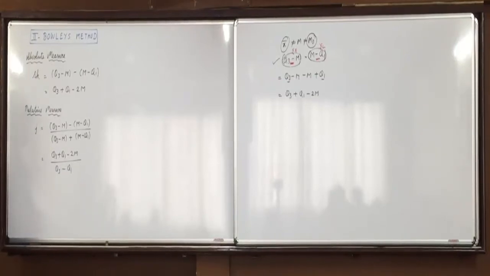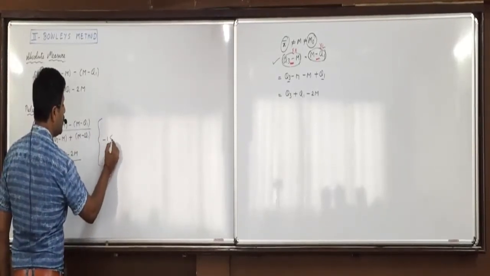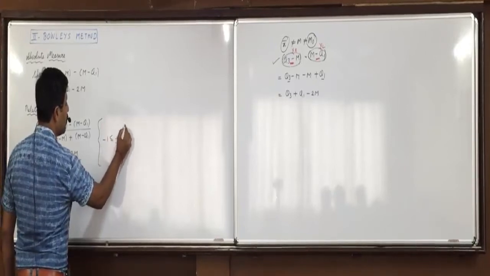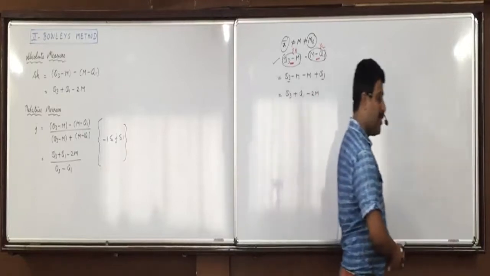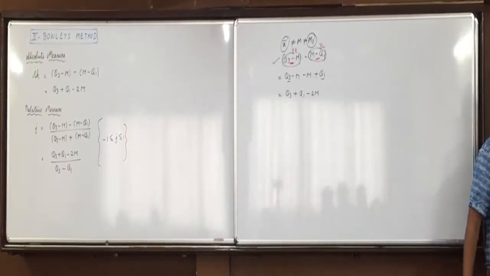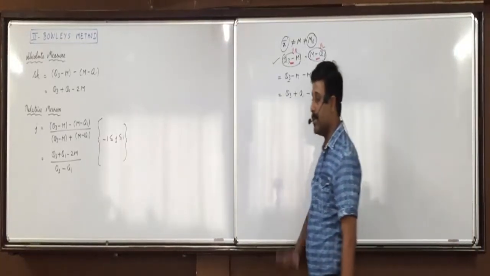So these are the formulas of Bowley's method. Which characteristic does it use? Second. And here your answer will always be between minus 1 and plus 1. Unlike Karl Pearson's, where with mode it is defined between minus 3 to 3. Here your answer will always be between minus 1 and plus 1.